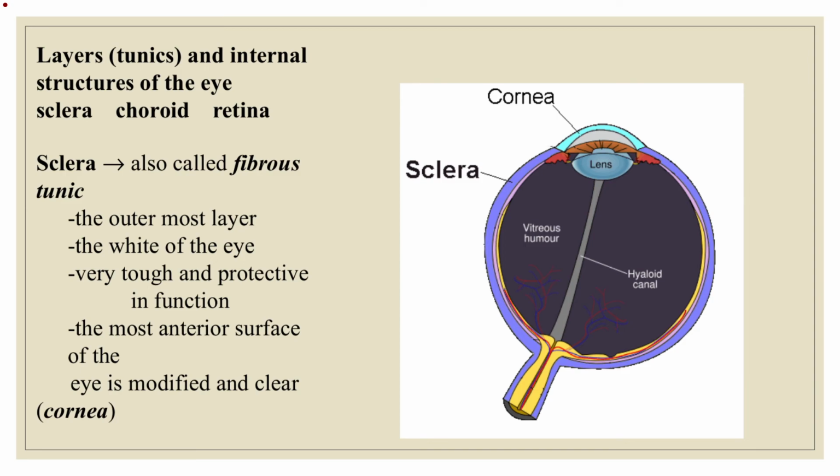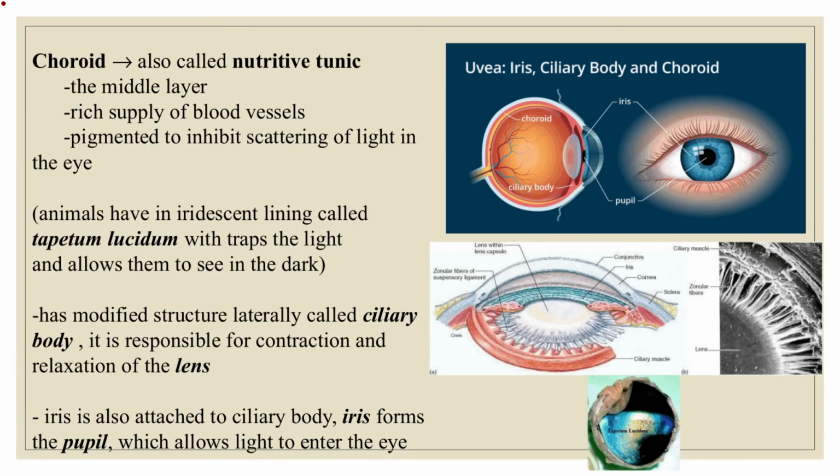Okay, so we got our sclera out here, and the continuation of that is the cornea, but it's just transparent anteriorly. And then we have our middle layer, which is the choroid layer, which is nutritive, and it's also muscular anteriorly. So then we have the ciliary body, which is the anterior portion of that.